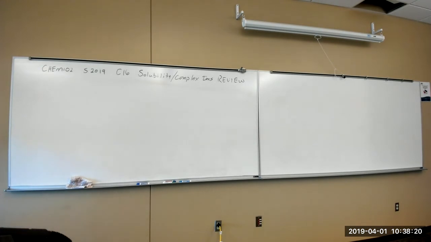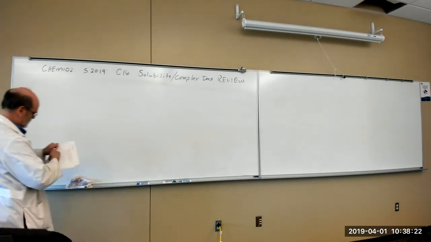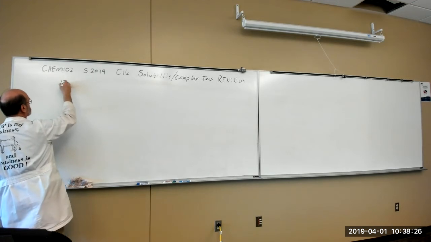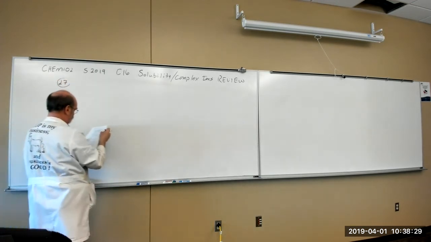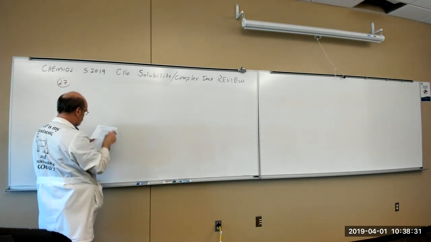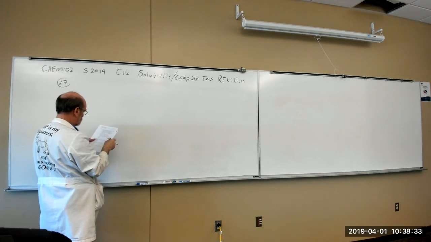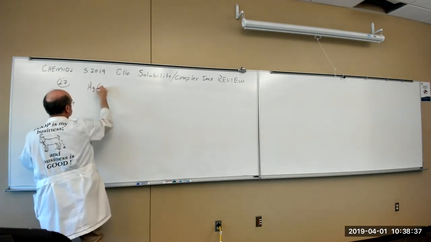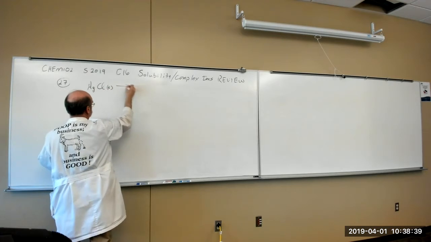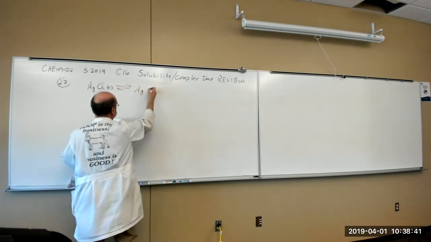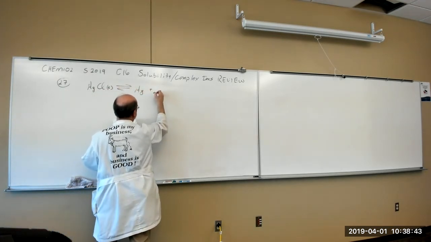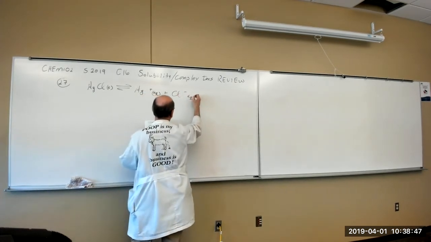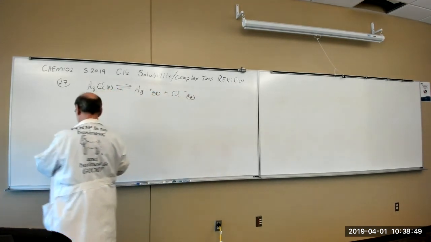Okay, so you want to look at that first one? The key to answering these questions is to get the stoichiometry right. So for the molar solubility expression, first step, we write silver chloride, AgCl.